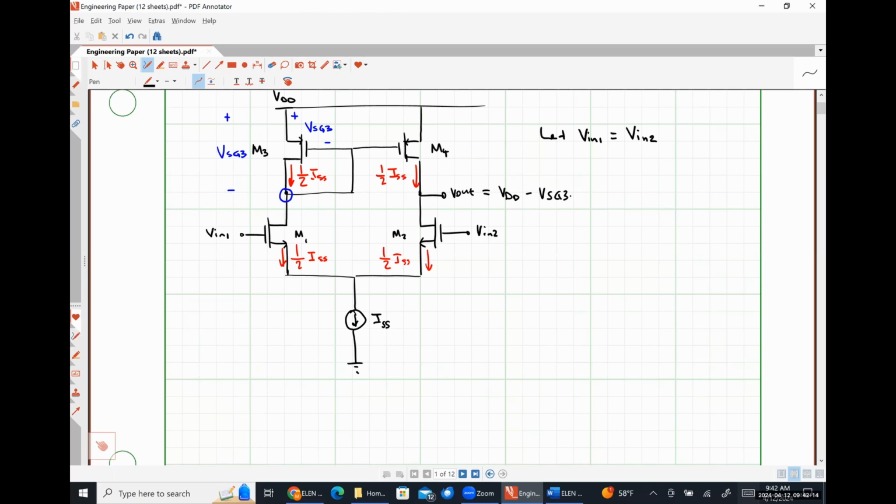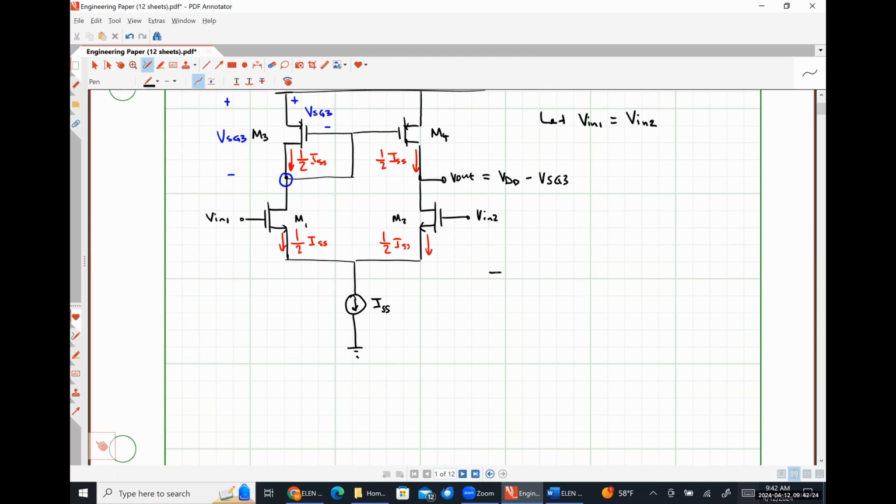So that begs the question, well, how do we figure out what VSG3 is? We know the current flowing through it, so we can back calculate from that current what VSG3 is for a known threshold voltage, right? So effectively, we know that ID3 is 1/2 mu P Cox, W over L3 times (VSG3 minus the absolute value of VTHP) squared.